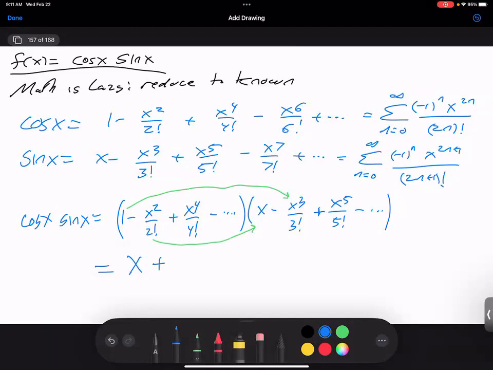For the x cubed term, I'm going to have negative 1 over 2 factorial from the x squared hitting 1. And then I'm also going to have the 1 from the constant term hitting the negative 1 over 3 factorial.